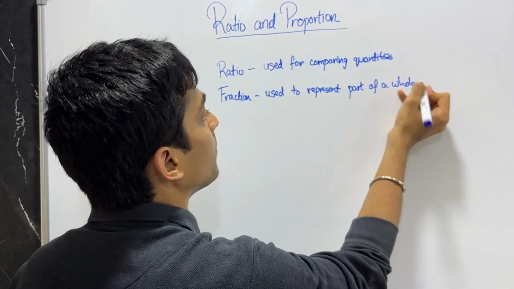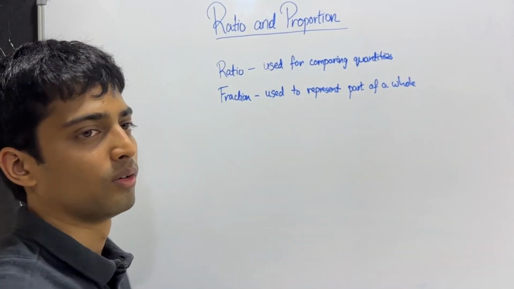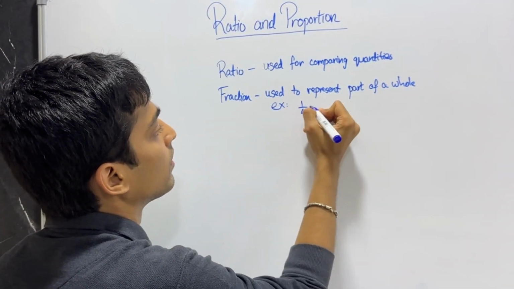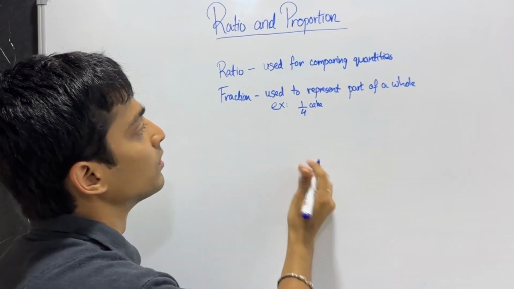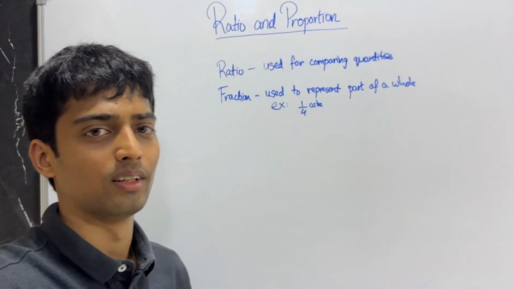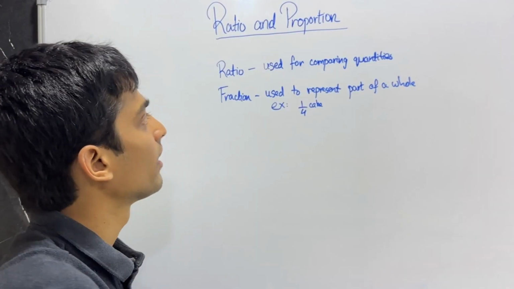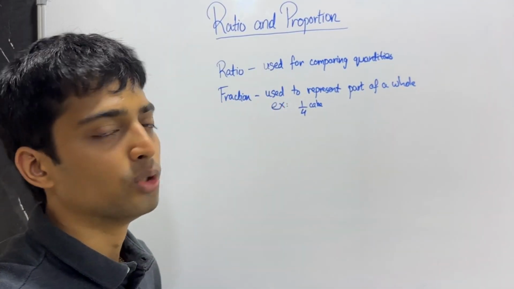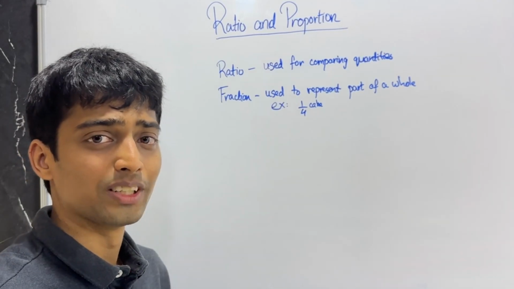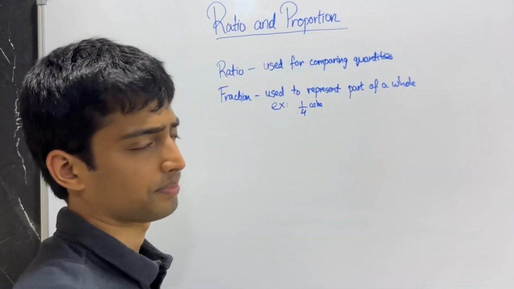For example, let's say you had 1/4 of the cake. 1/4 cake, part of a whole. While both of them are similar, the key difference is that ratio is used for comparing, fraction is used to represent part of a whole, and ratio is always written in the lowest terms.